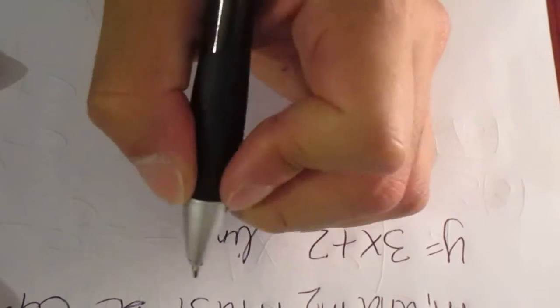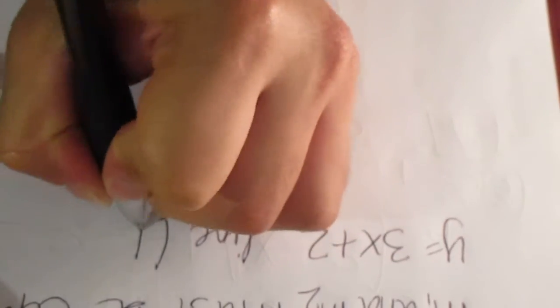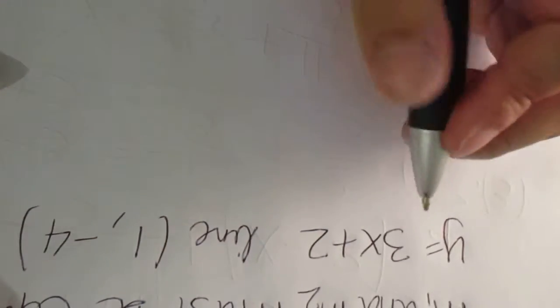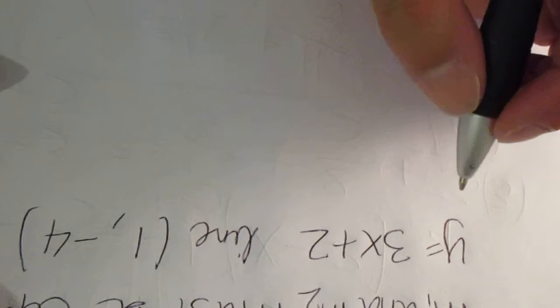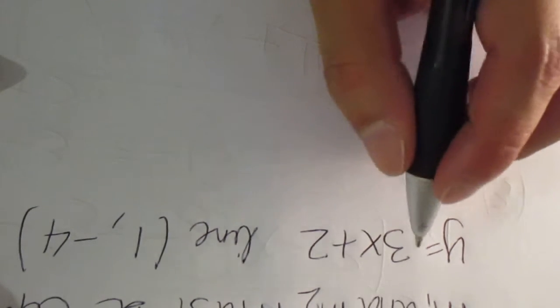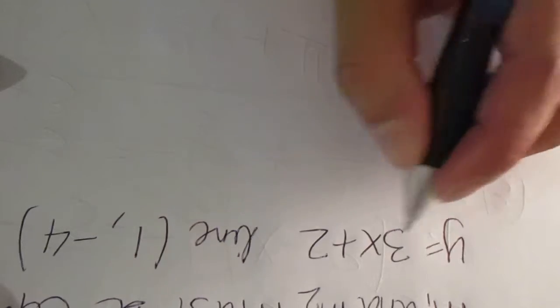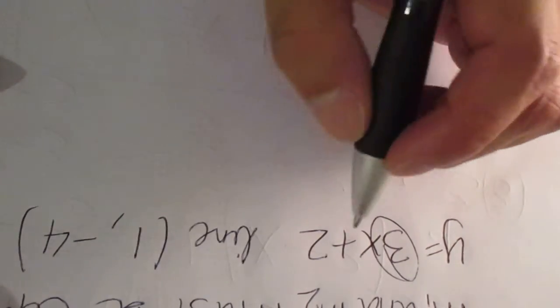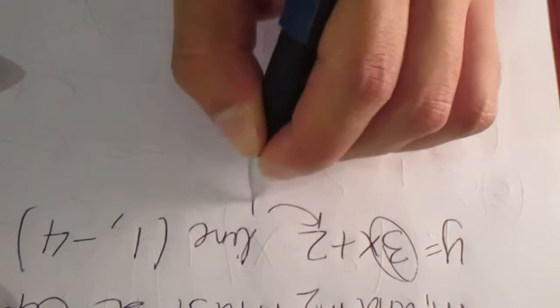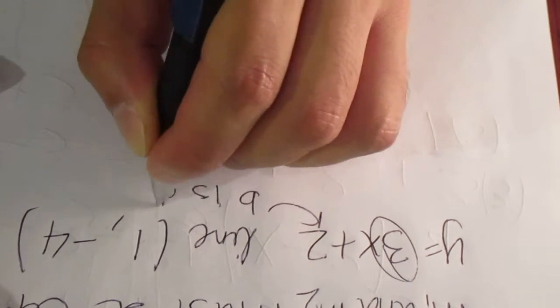Let's say you're given, we want to find an equation that is parallel to y equals 3x plus 2, and it goes through the point 1, negative 4. So the m must be the same, but the only difference is our b is different. That's all it is.